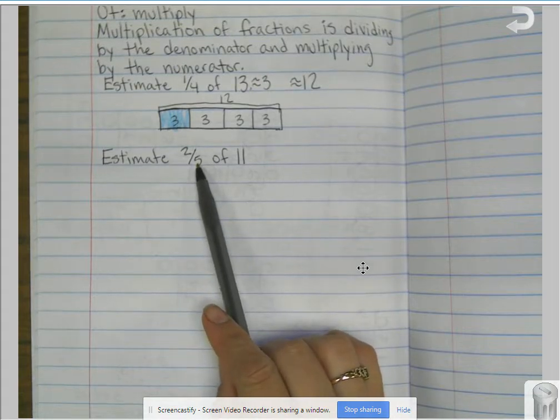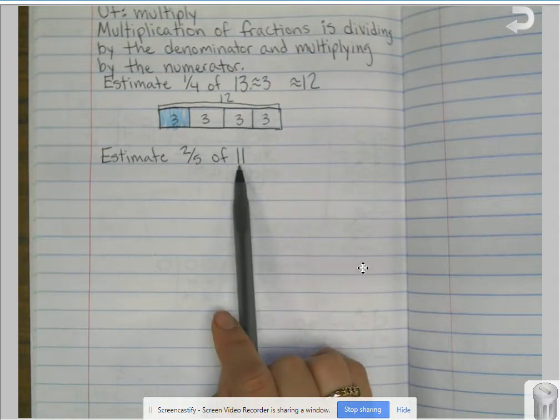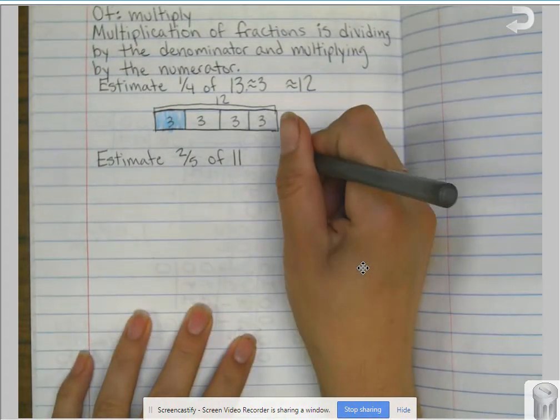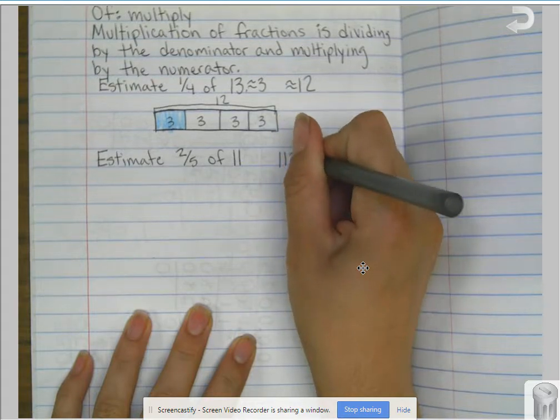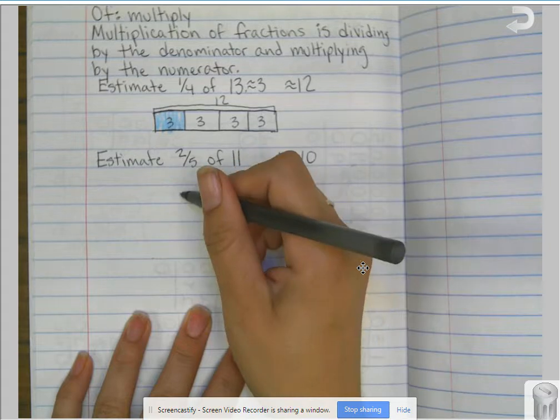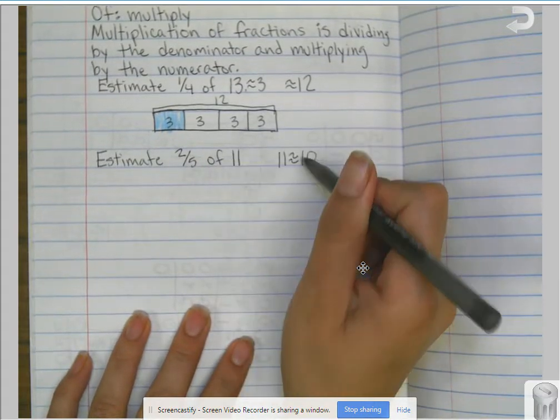So I want something that will divide nicely by 5. Will 11 divide nicely by 5? No, but 10 is pretty close. So if I say that, well, 11 is close enough to 10, okay, if I think about that, then I'm going to split 10 into 5 groups.